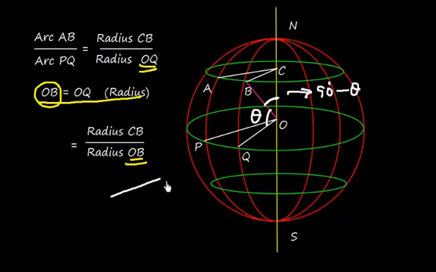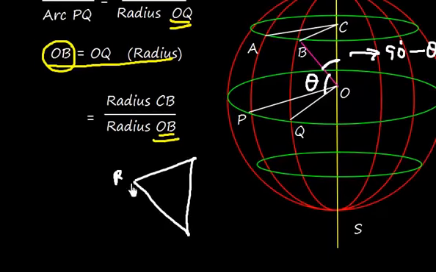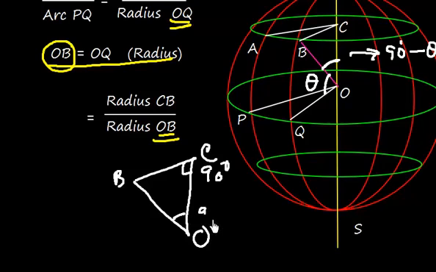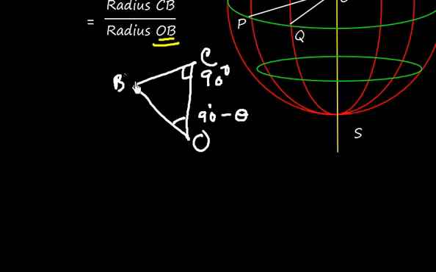So we have this triangle here, where the vertices are B, C, and O. This angle is going to be 90 degrees, and this angle is 90 minus theta. This side is the perpendicular, and this is the hypotenuse.